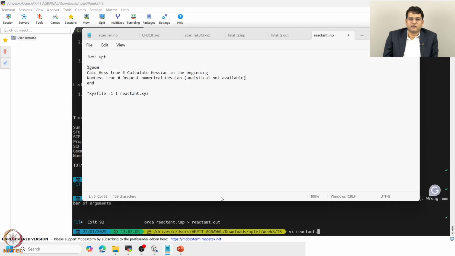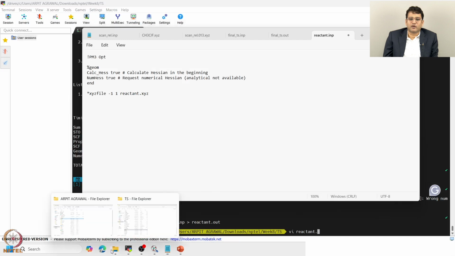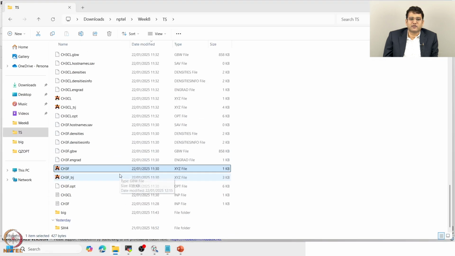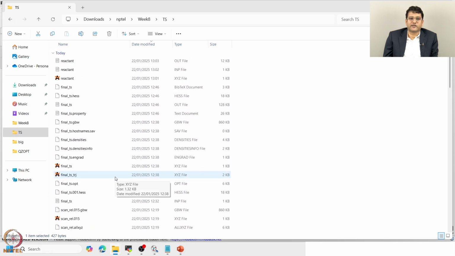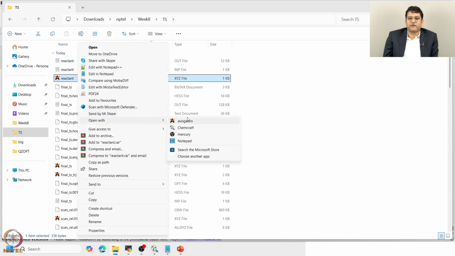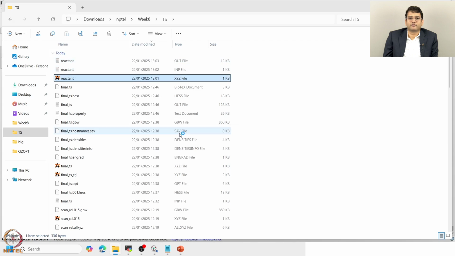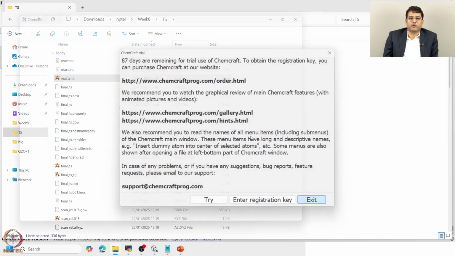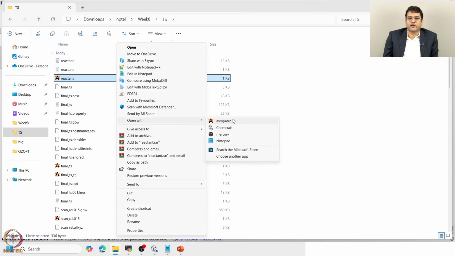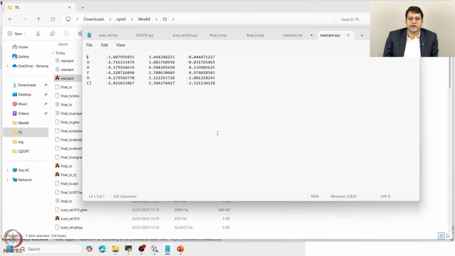What has happened is because I have generated the initial XYZ file, the reactant.xyz file, using Chemcraft. I believe I have discussed this before. Oh, I don't want it to open with Chemcraft. What I want to open it with is Notepad.